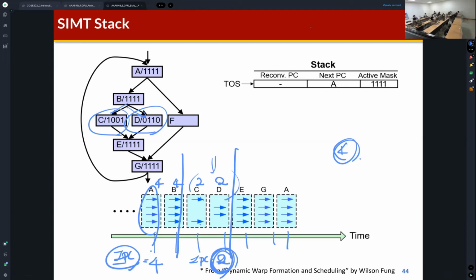That's why the performance of the GPU program is not fully utilized, because of the same execution model. The divergent paths are executed like this with the active mask.